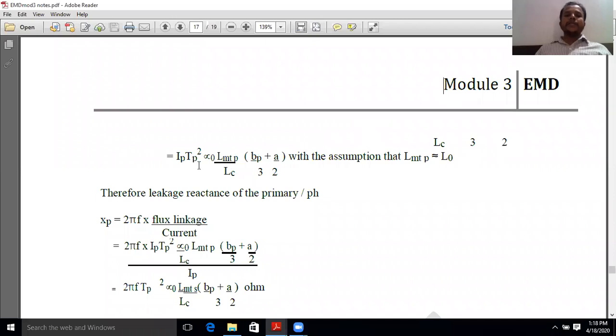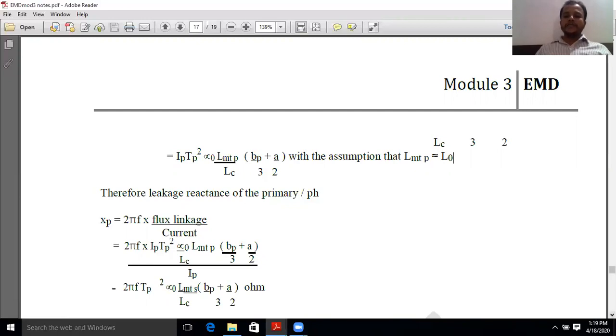Now it is equal to IPTP square alpha naught LMTP divided by LC, BP divided by 3 plus A by 2, with the assumption that LMTP is equal to L naught, LMTP is equal to L. So therefore, leakage reactance of primary per phase will be XP, and that is equal to 2 pi f into flux linkage divided by current, 2 pi f into IPTP square alpha naught LMTP divided by LC, BP divided by 3 plus A by 2, divided by IP, that is the current.